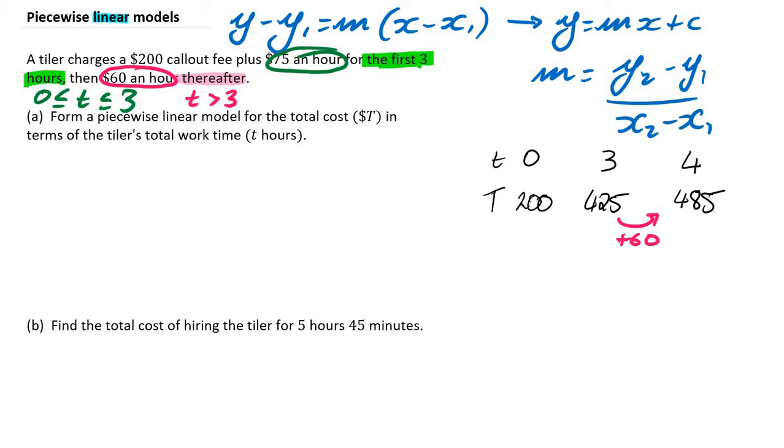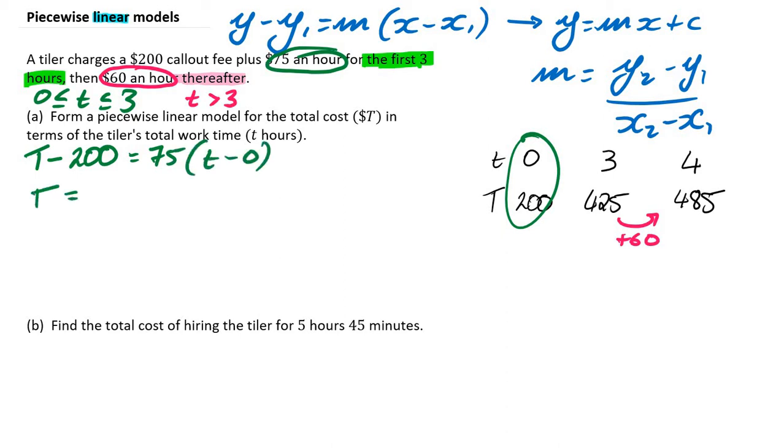So our first equation, or first part of the piecewise linear model, is going to look like this. Y, which is C in our case, minus, let's just pick a point, let's go with this one, equals 75 times t minus 0. And look at that.